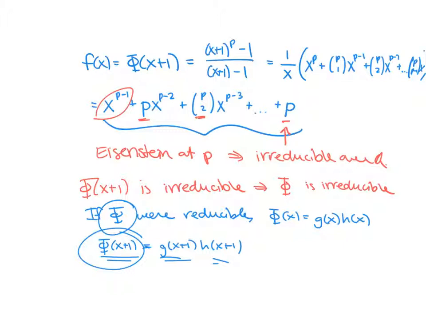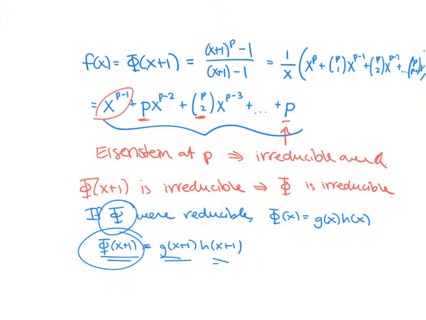If you can't show that f of x is irreducible, well, show that f of x plus 1 is irreducible, or f of x plus 5, or f of x plus any constant. Changing your input by just adding or subtracting a constant isn't going to change the ability to factor that polynomial, right? It'll just change what the factors are.